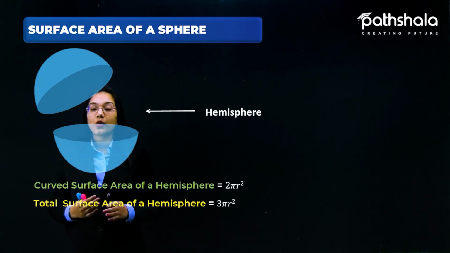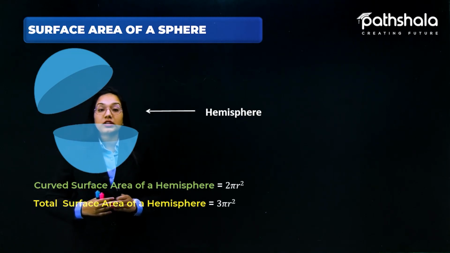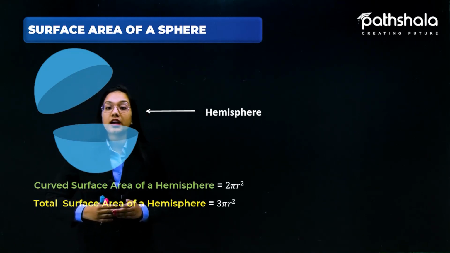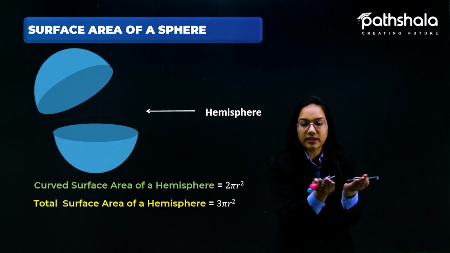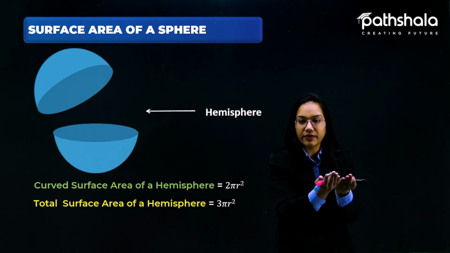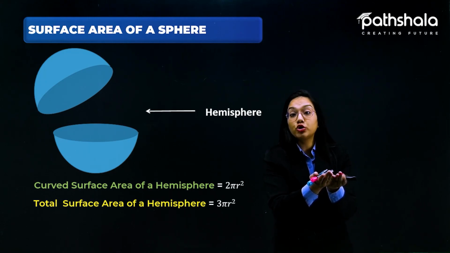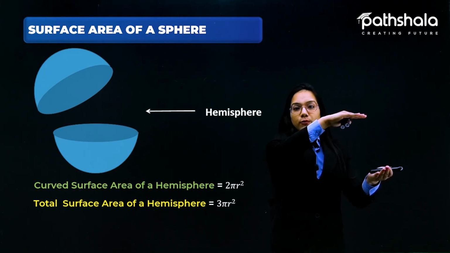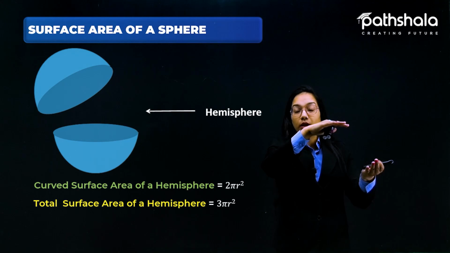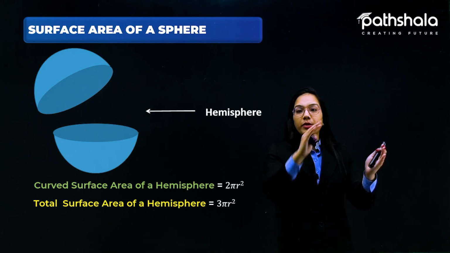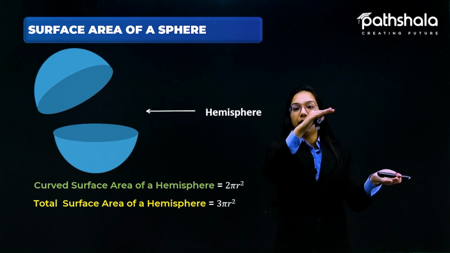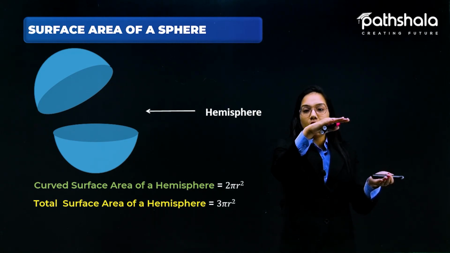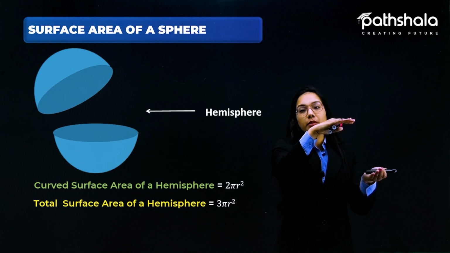So how does it come out to be 3 pi r square? When I talk about the curved surface area, I mean only this particular surface area. But when I talk about the total, we also include this particular circle. So the total surface area is the curved surface area of the hemisphere plus the area of this circle, which is pi r square.